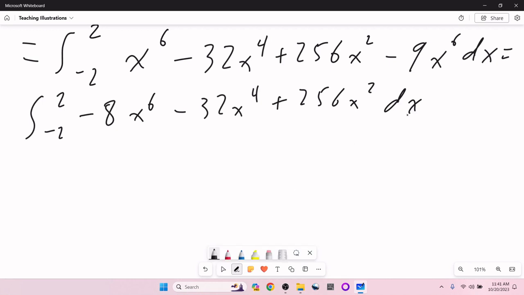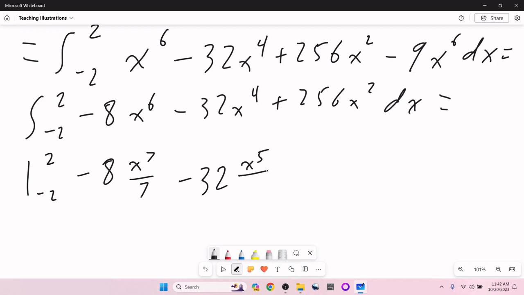And then let's integrate this. It would become from -2 to 2 of -8 x to the 7 over 7 minus 32 x to the 5th over 5 plus 256 x to the 3rd over 3.